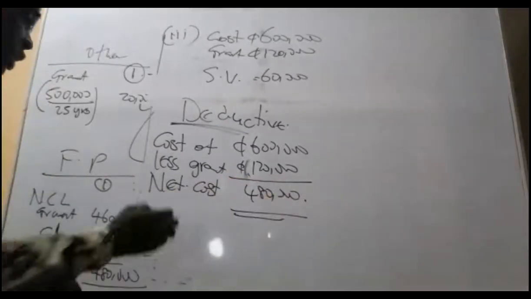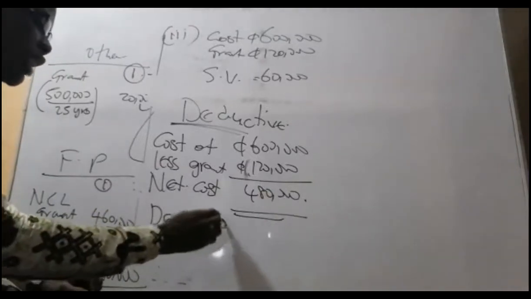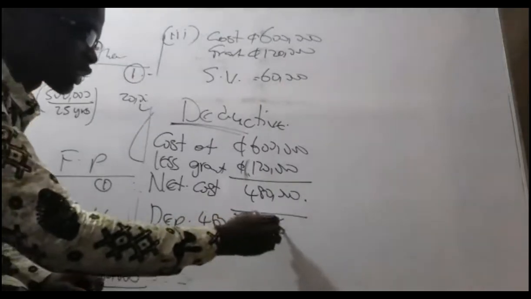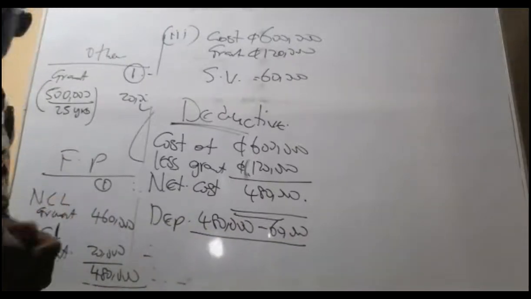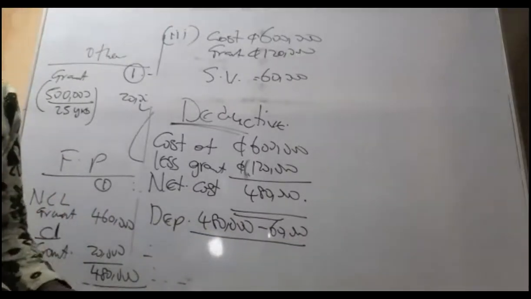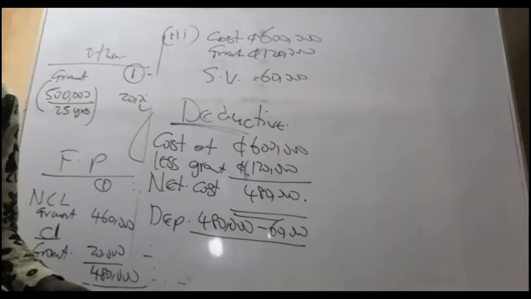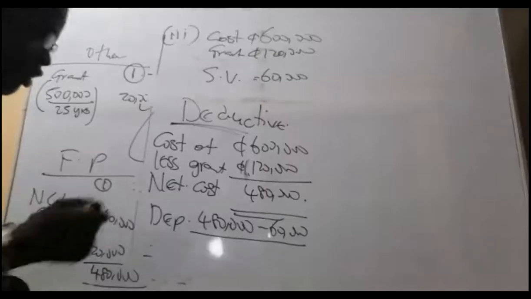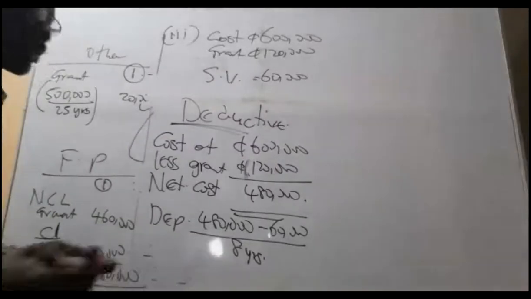So in that case, depreciation will be 480,000 less the scrap value of 60,000, all divided by the useful life of the asset. Let's pick the useful life of the asset, which is 8 years. The economic life is 8 years. So I'll divide this by 8 years. Then that's all.